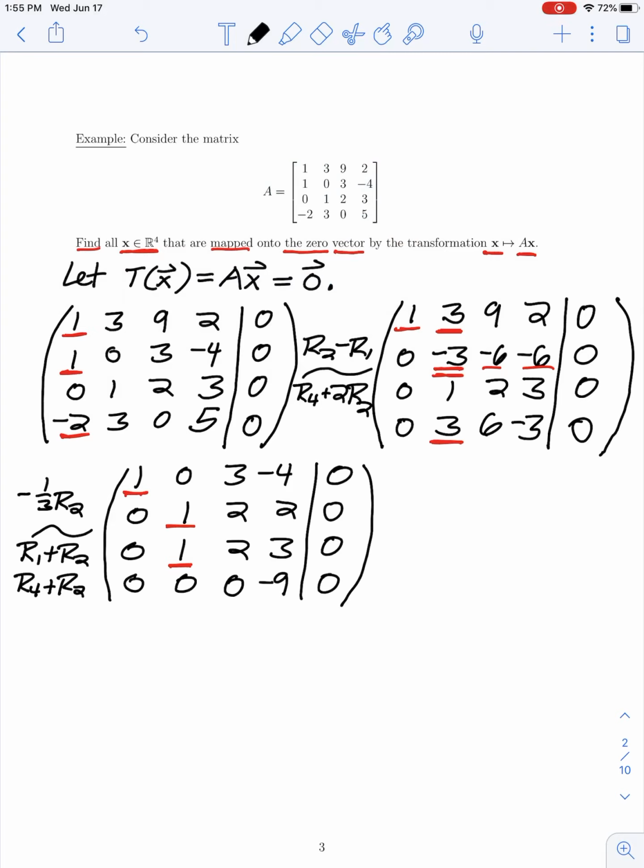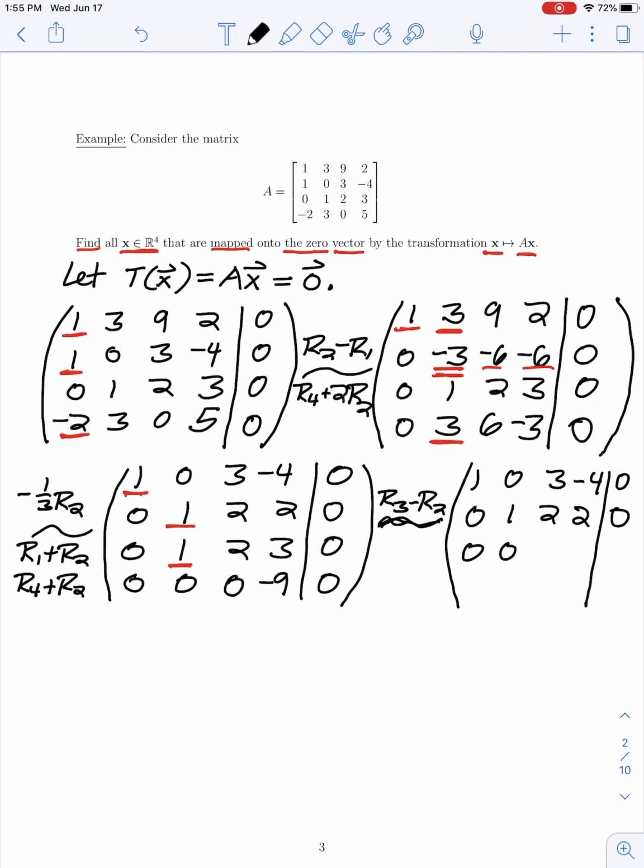So in this step, I'm going to take row 3 and subtract row 2, which leaves me with a first row of 1, 0, 3, negative 4, 0. Second row of 0, 1, 2, 2, 0. And my third row becomes 0, 0, 0, 1, 0.